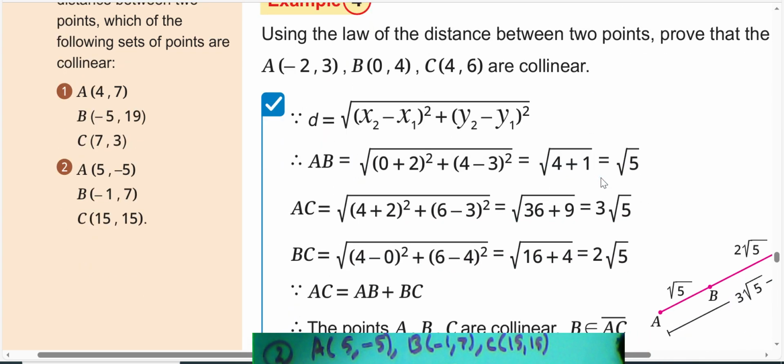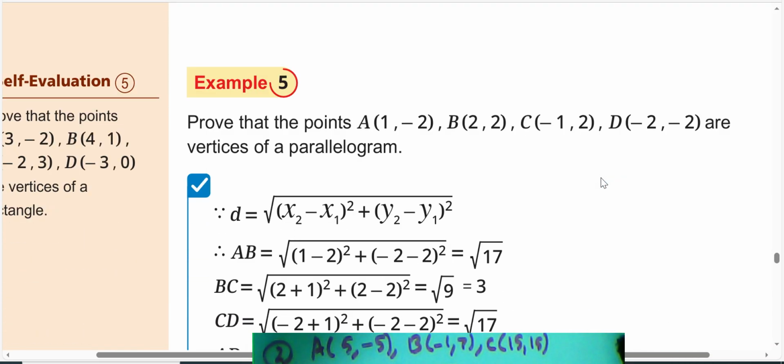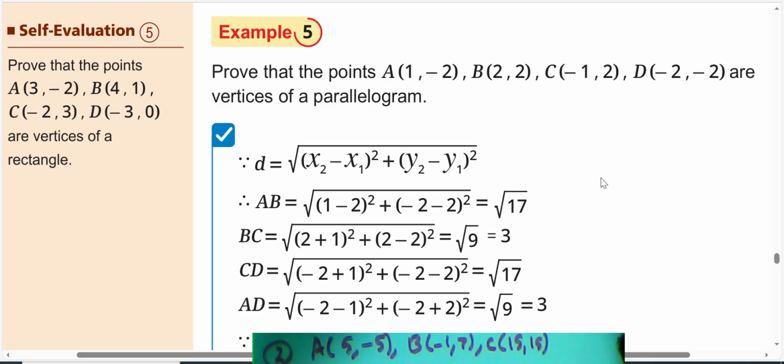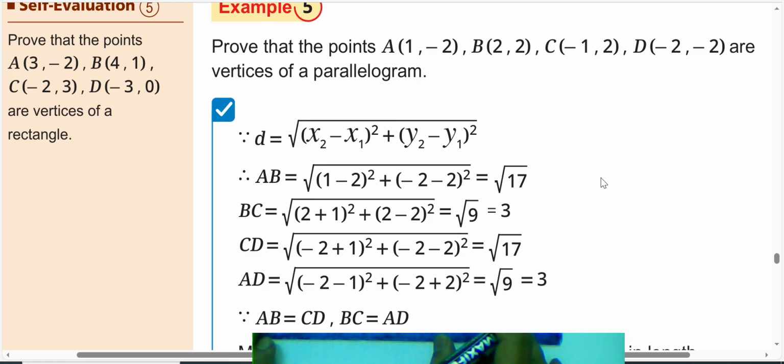Next question, you can read this example. Example number 5. Prove that the points are vertices of a parallelogram. Okay, to prove that the points form a parallelogram, each two of the opposite sides are equal in lengths.